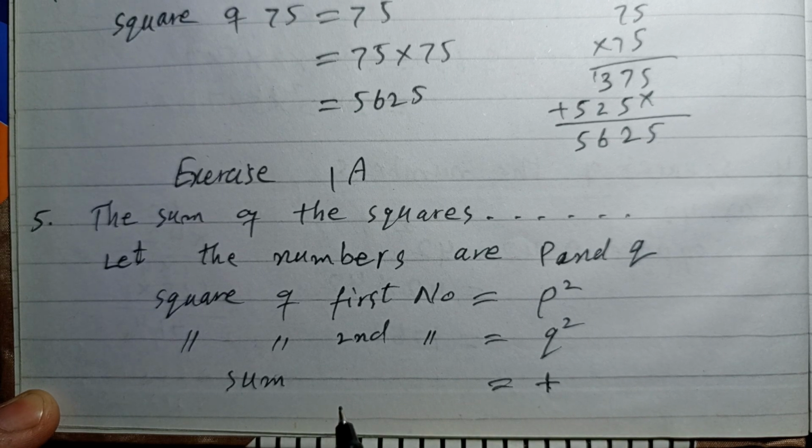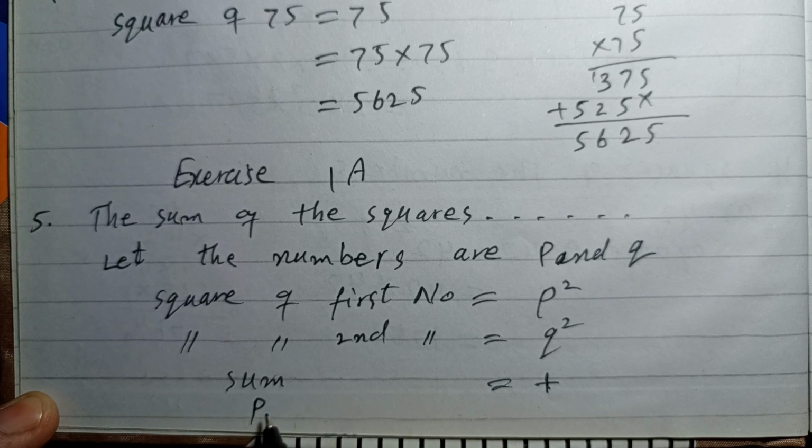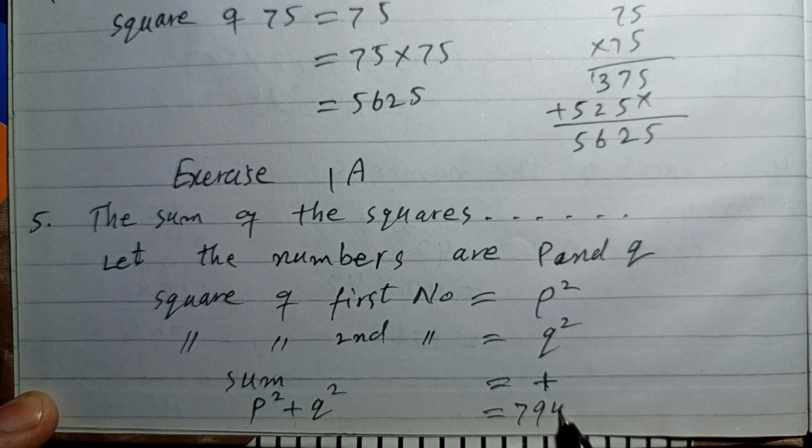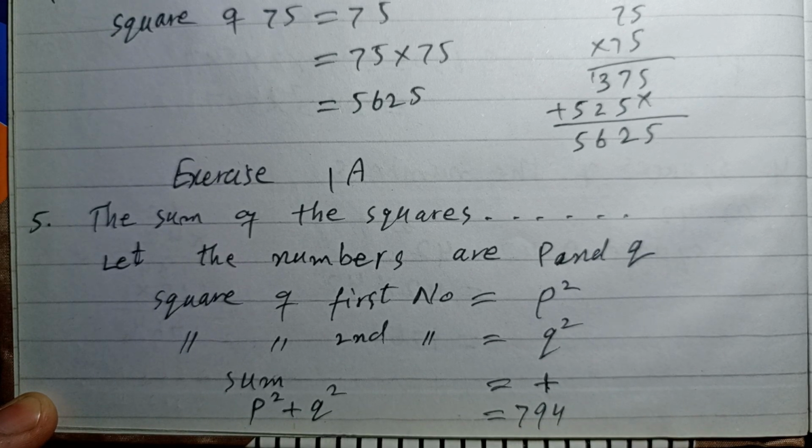So we have to add these: P square plus Q square is equal to 794. So we have added the squares of the numbers and it makes 794 as the question is saying.